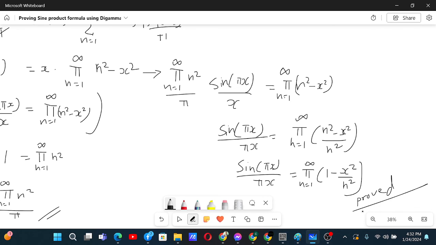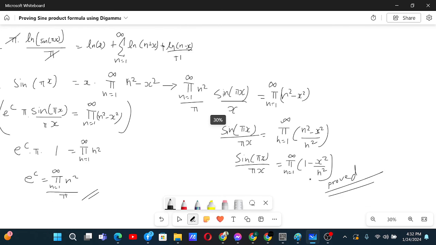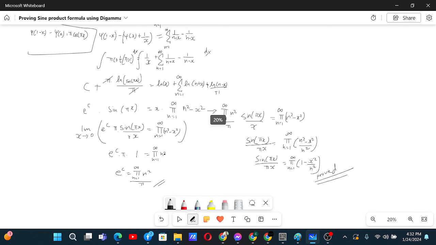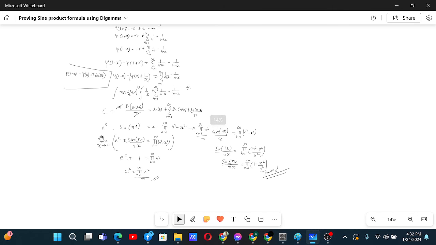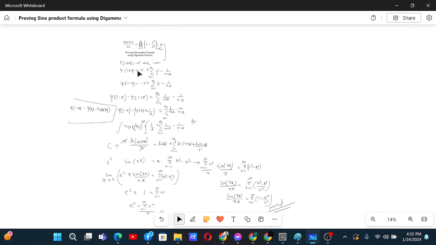Basically the flow of the solution was something like this. First of all we used the definition of the Digamma function, or basically the well-known formula, that is minus the Euler-Mascheroni constant plus Hn, and we found the values for 1 plus x and 1 minus x, and then subtracted so that we can use the reflection formula.